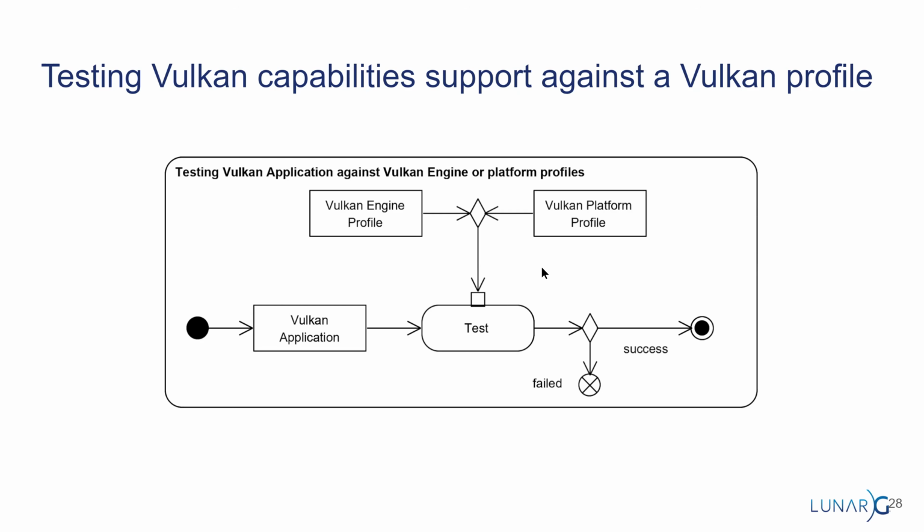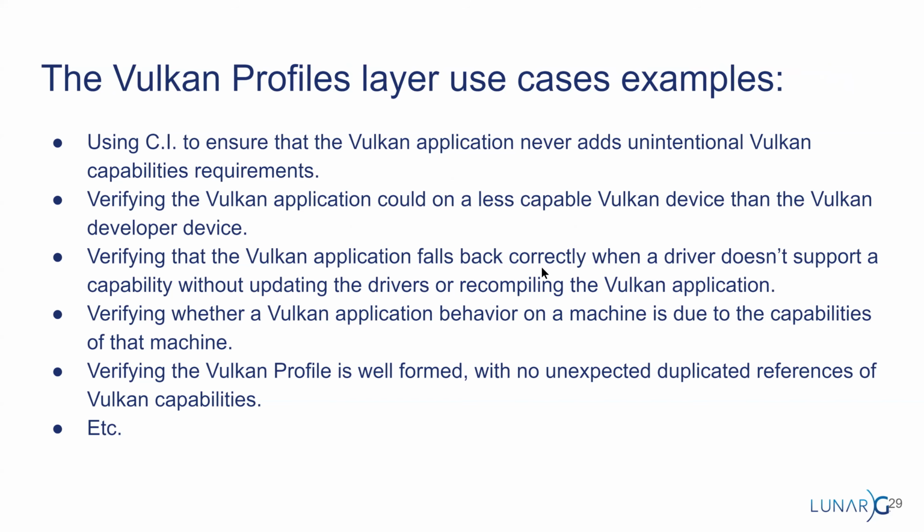And so I'm going to give some use case examples. I really think that one use case that should be mandatory for any application is that when we have a CI system, at least one test should check that the application never unintentionally adds some Vulkan capabilities requirement.